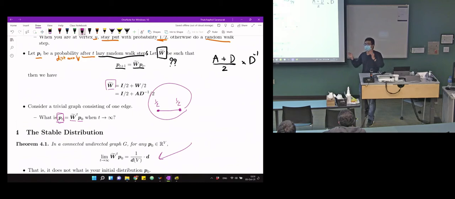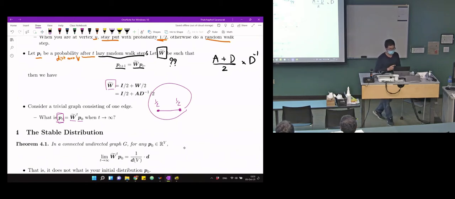Oh, I see. It will be fine. The 1/2 is just kind of arbitrary. Any constant should be fine. Even like 0.0001 is fine. Okay, thanks. That's a good question.